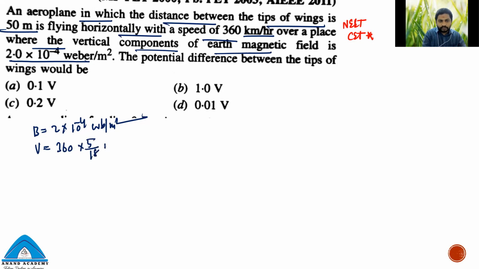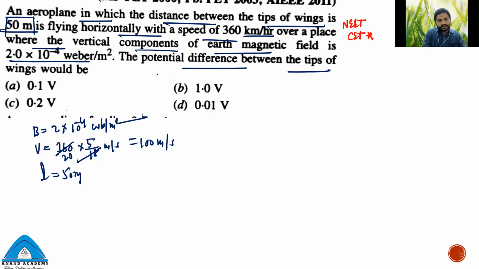Let's convert into meters per second. This is 360 into 5 by 18, which is 20 into 5, that is 100 meters per second. And L is also given. It is 50 meters. Now the question is, what is the potential difference between the tips of the wings? So the potential difference E is equal to BLV. Every data you have, you can do that. 2 into 10 raised to minus 4 into 50 into V, which is 10 square.